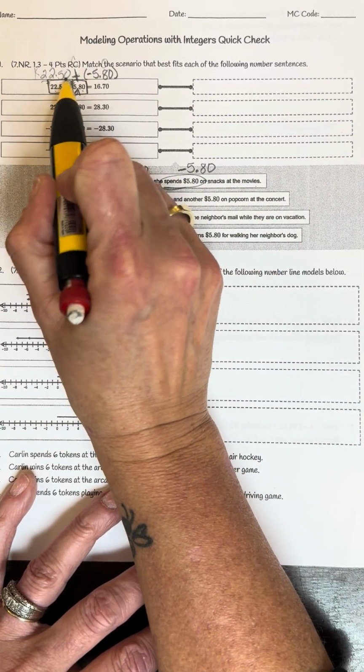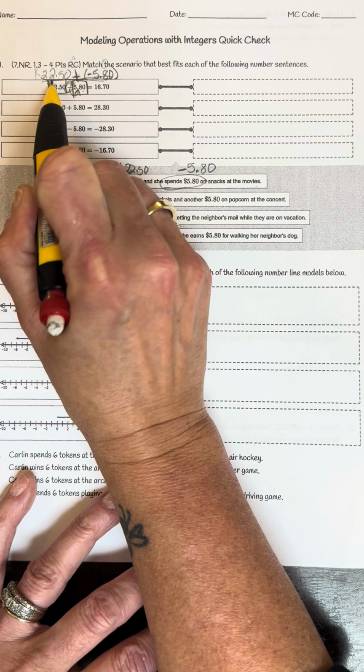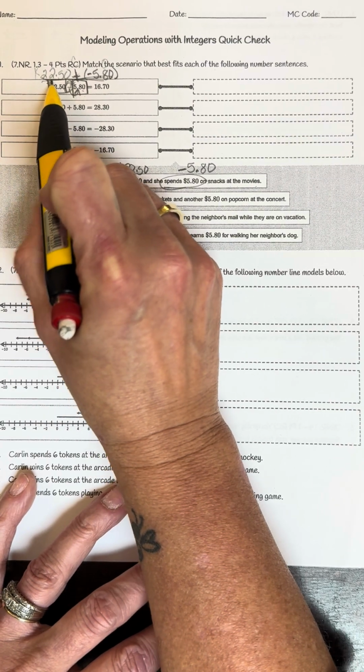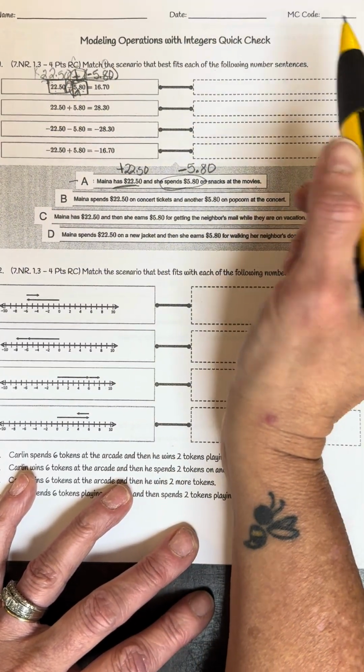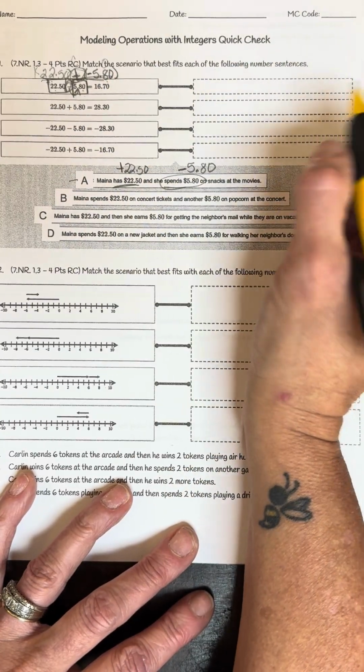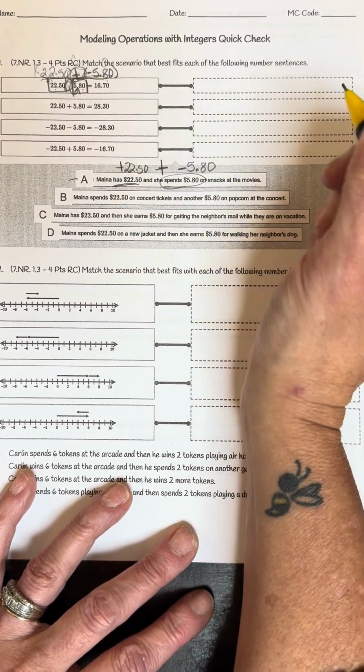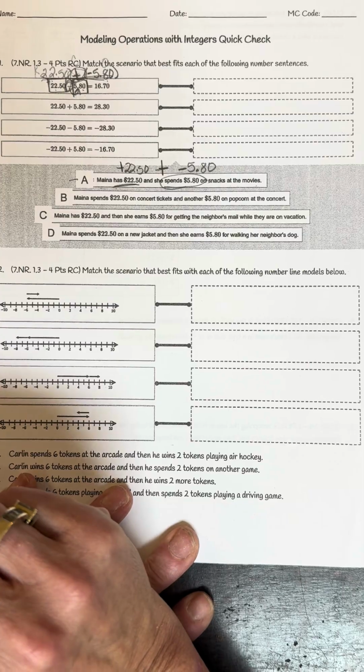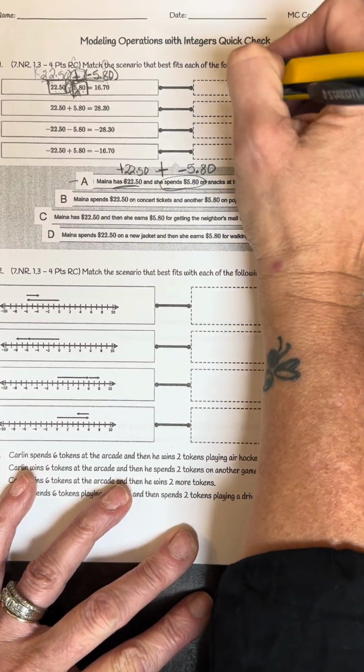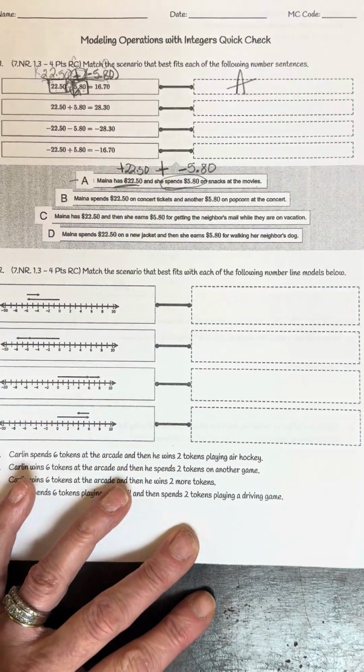So now if you look at this, she had $22.50, and she spends $5.80. Look at that. Those two match. So this one is A.